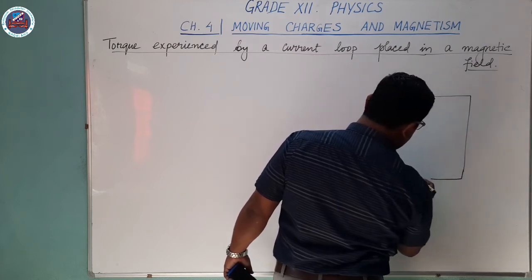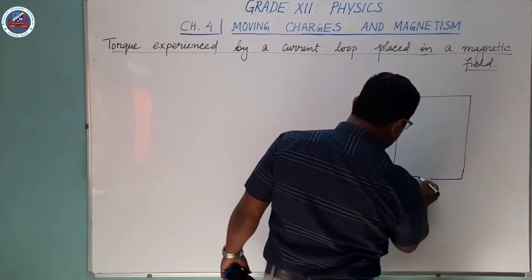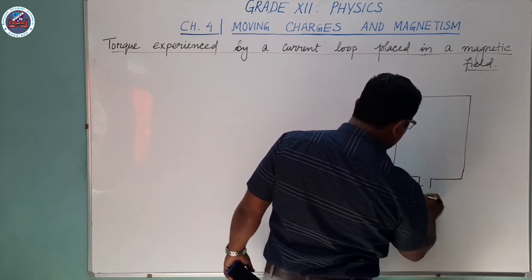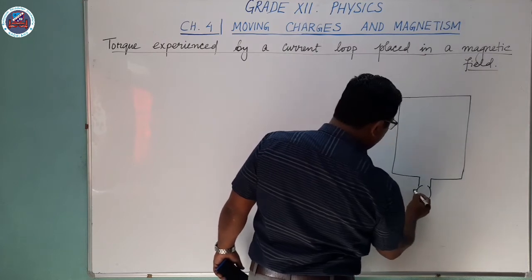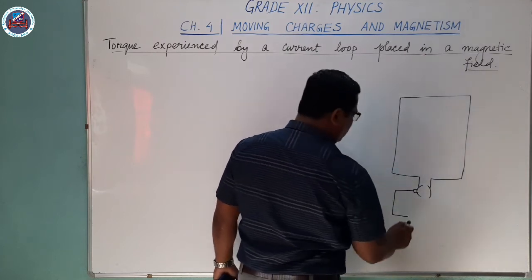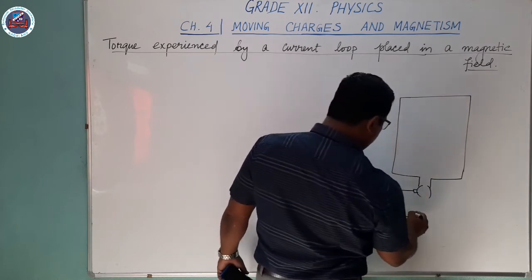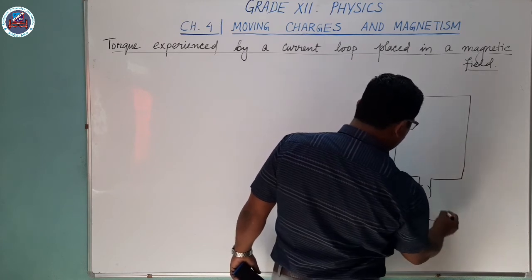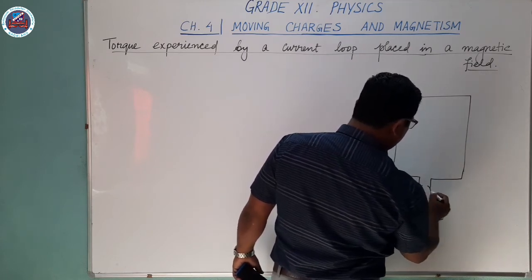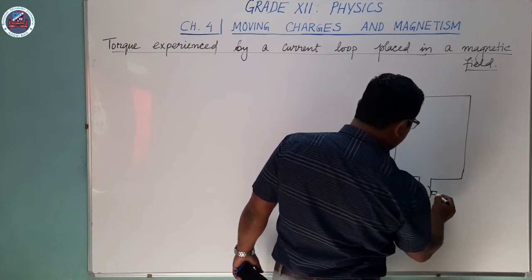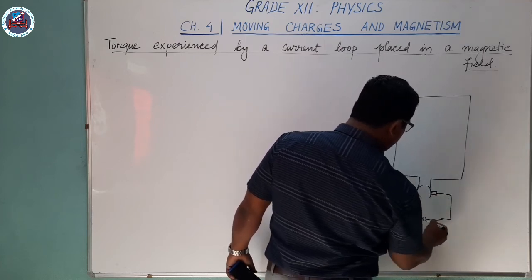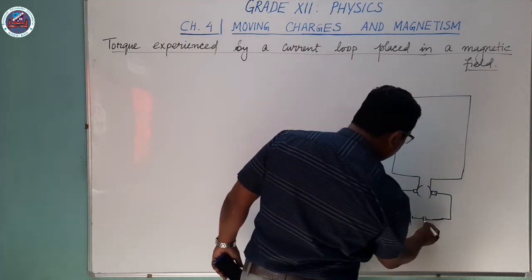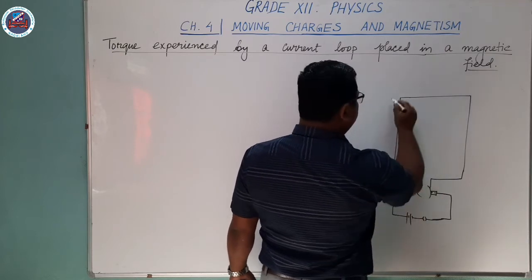Generally in class 10, you studied this as an electric motor, with 2 commutator rings and carbon brushes. But here you don't have to focus on that now. Here it is a rectangular loop. Suppose you are sending current through it. Carbon brush. This is your key and this is your cell. Current is passing in this direction.